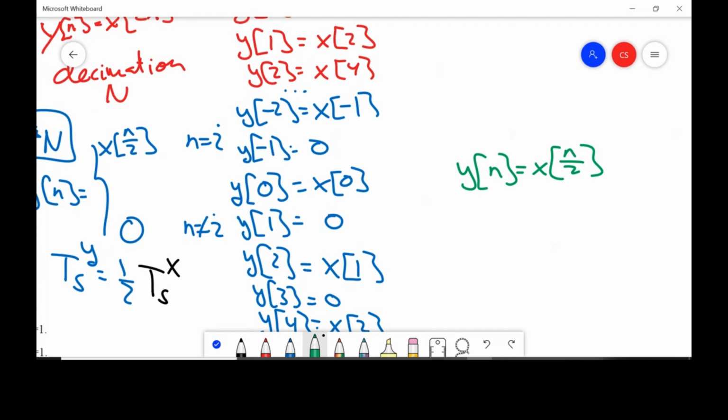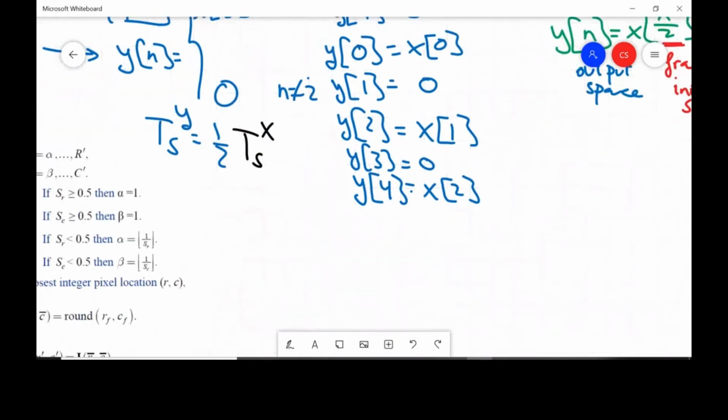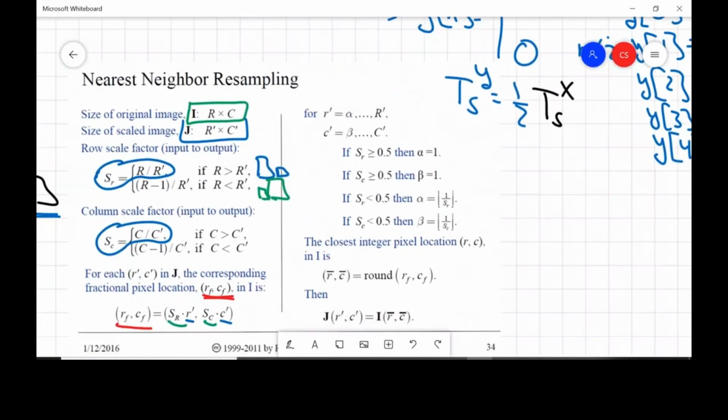That I don't have. Okay, but I have my fractional coordinates. So in the color code that we had before, this is my coordinate in my output space, and this one is my fractional coordinate in my input space. Okay, so let's go back to here.